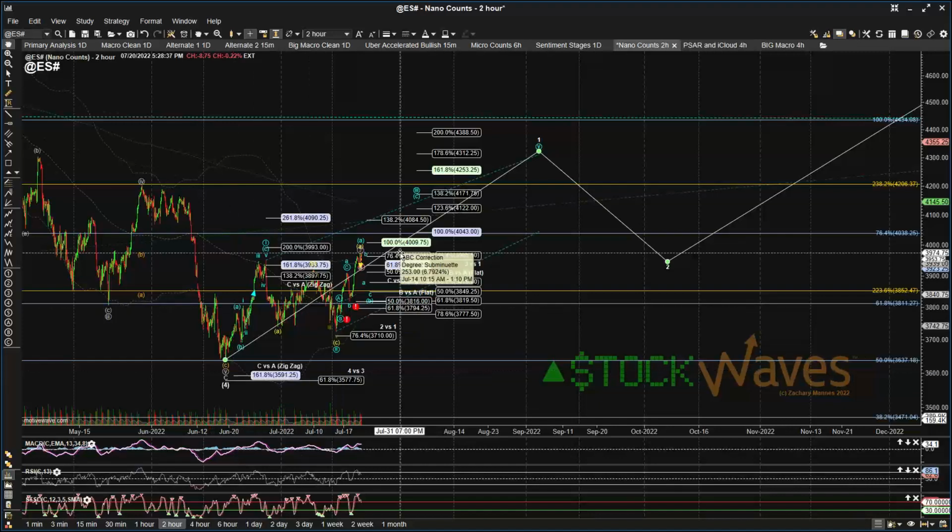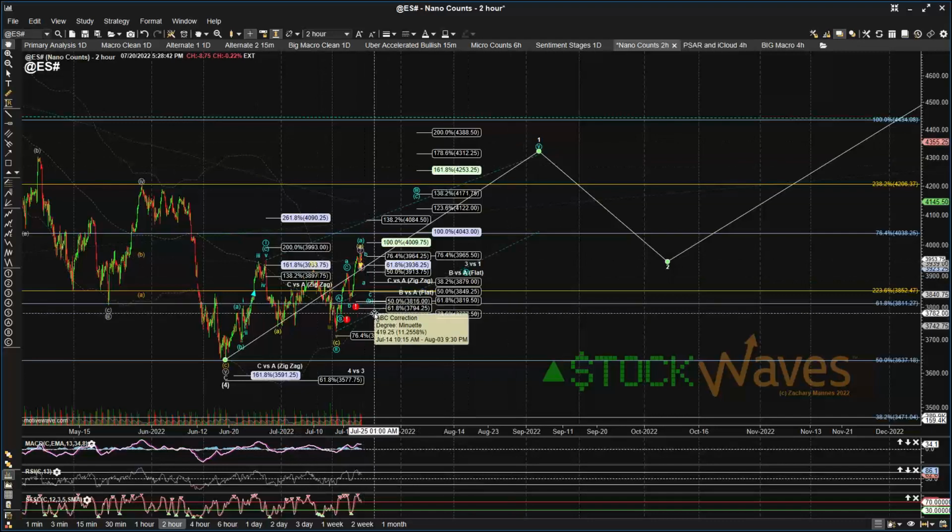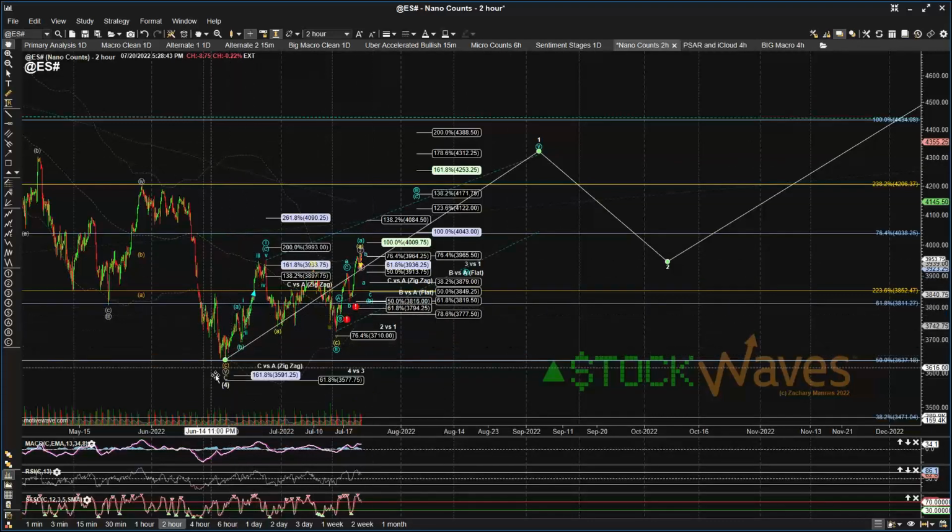That doesn't mean that you can't trade bullishly within the structure and hedge when you're looking for a pullback, but it means that we can't set it and forget it and say, yeah, June 17th was the low, let's just go on about our business and not look for confirmation there.